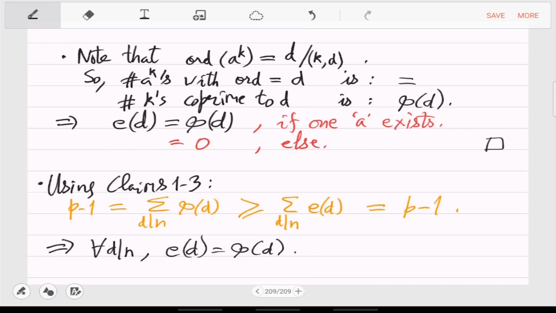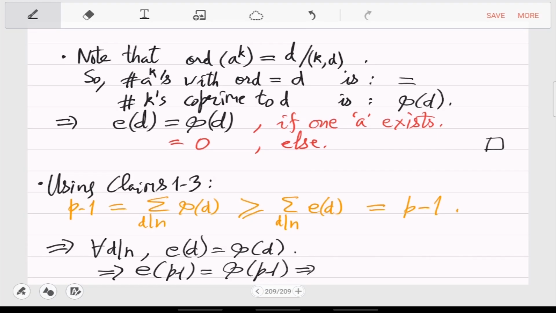Of course, the reason is that if any E of D is strictly smaller than phi of D, then the sum cannot be equal to p minus 1, right? So every E of D has to reach its maximum, which is phi of D, which means that E of p minus 1 is equal to phi of p minus 1.